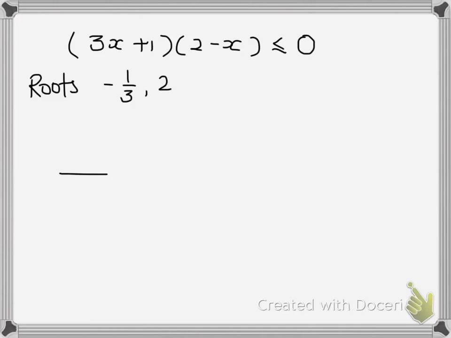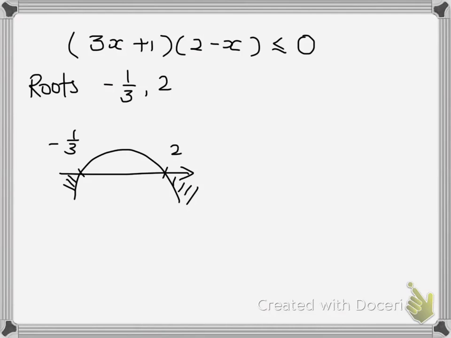then your curve must be like this. Alright? So the roots are negative 1/3 and 2. And this time, it is less than 0. So if it is less than 0, where should it be? It must be this region or this region.